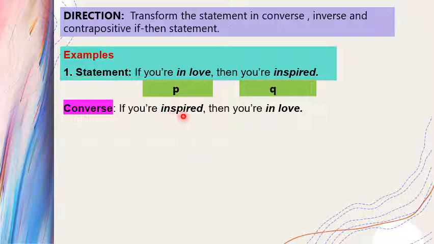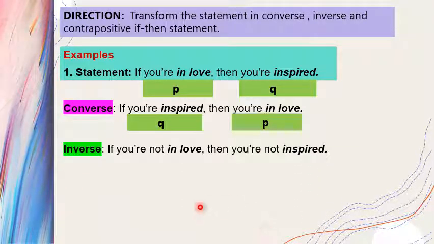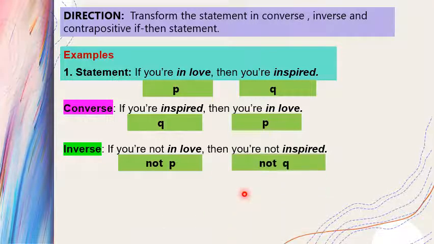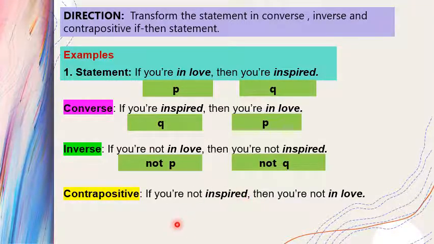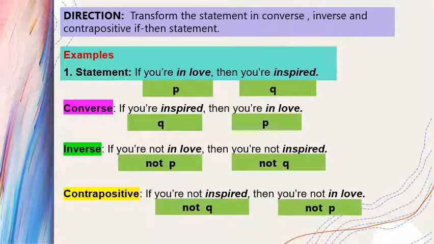So this is Q and this is P. For inverse, that is if not P, then not Q. So if you're not in love, then you're not inspired. There is the word not. For contrapositive, if you're not inspired, then you're not in love. This is the opposite of the inverse. So this is not Q and not P.